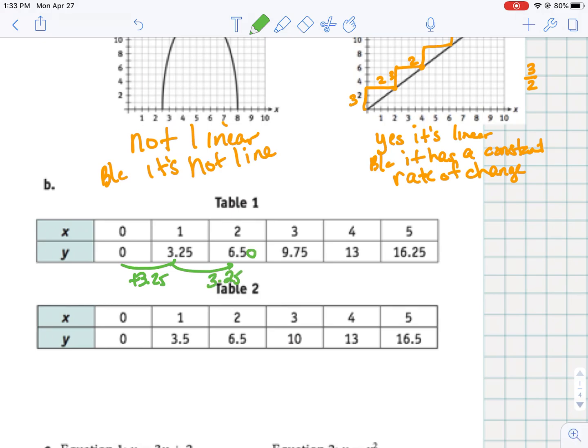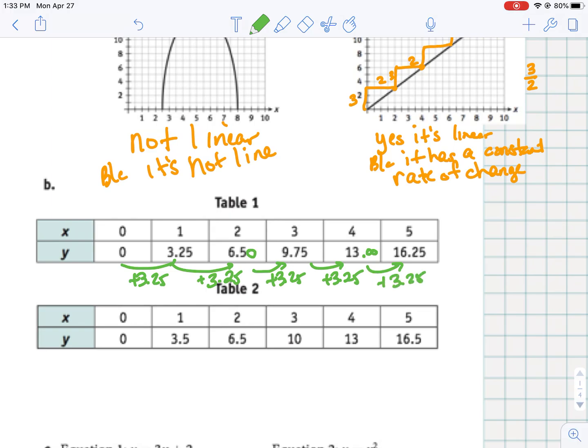We added $3.25, so it went up $3.25. And again, if we look at this one, it went up $3.25. This one, how do I go from $9.75 to $13? I've got to add a quarter, which makes it $10, and $3 more, so that makes it $3.25 as well. And then this one from 13 to 16.25 goes up $3.25.